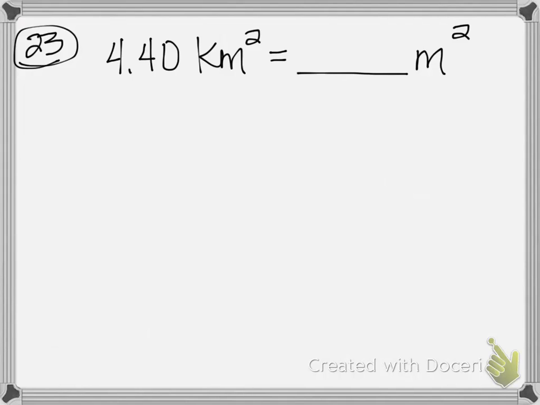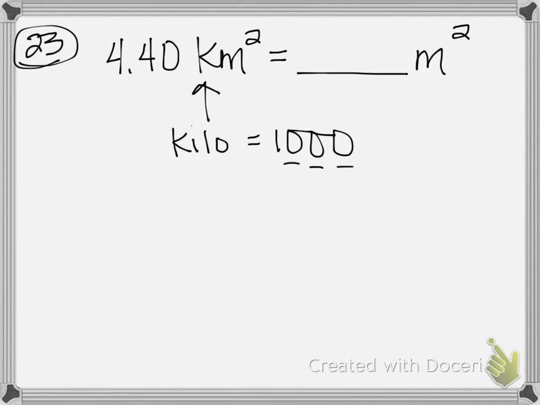If it was just kilometers to meters and we weren't doing the squared business, because this is comparing areas, what does the prefix kilo mean? That means 1,000. Okay, there's 1,000 meters in 1 kilometer. So if that were the case, then I would move my decimal point how many places? Because I've got 3 zeros, so I would move it 3 places.